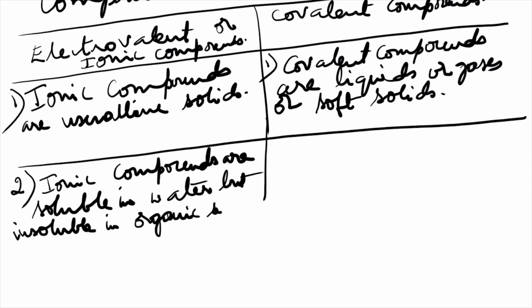Organic solvents means benzene. Okay, all these organic compounds, they are called organic solvents. Okay, so they are insoluble in organic solvents. Okay, whereas covalent compounds are usually insoluble in water but soluble in organic solvents.